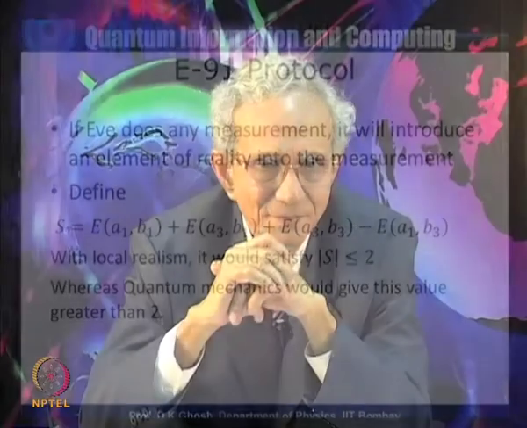On the other hand, because we are talking about quantum states, in the absence of an element of reality, we have seen that this quantity for the state that has been given should have been 2 times square root of 2.